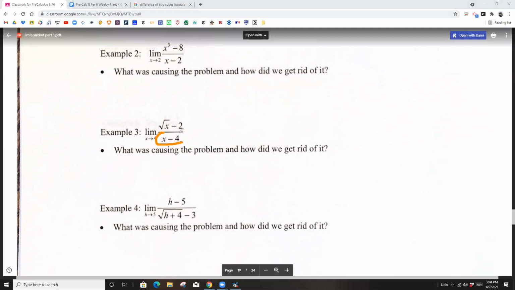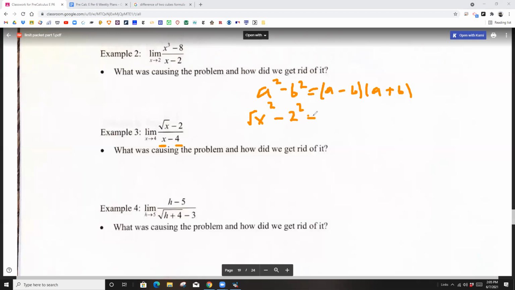You could actually factor this because we know that a difference of 2 squares, a squared minus b squared, is going to equal a minus b times a plus b. And even though x is not a perfect square, 4 is a perfect square, so you could rewrite it as the square root of x squared, and that's equivalent to x. And then minus 2 squared, that's equivalent to 4.